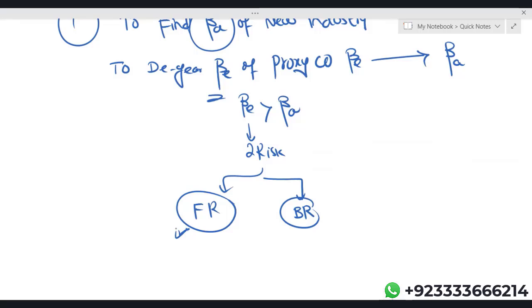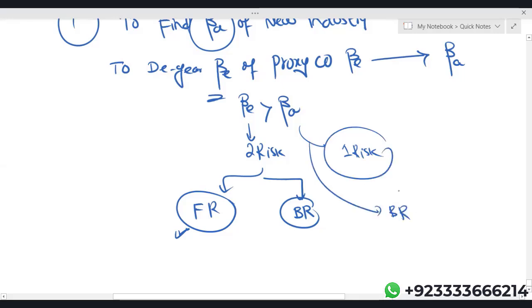No company is having same earnings every year. Operating profit keeps changing, so fluctuations in the operating profit, that is your business risk. Beta asset is a one risk beta and it only measures business risk.